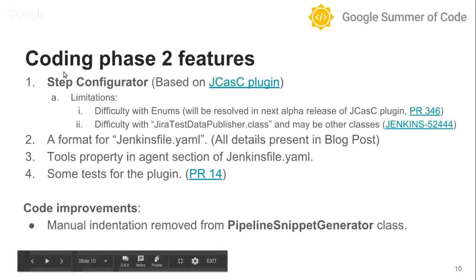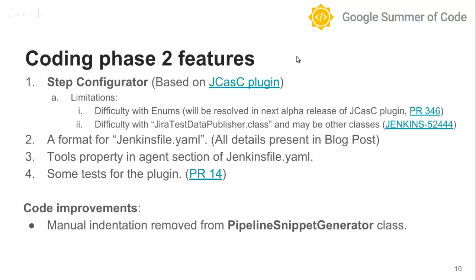Then in coding phase 2, I implemented step configurators so that we can convert steps which are defined in YAML to the declarative pipeline. I found two difficulties in that. The JSoC plugin was having difficulty with enums, and it was resolved in a PR by the JSoC plugin developers. One more difficulty was with some classes that are nested with other objects.